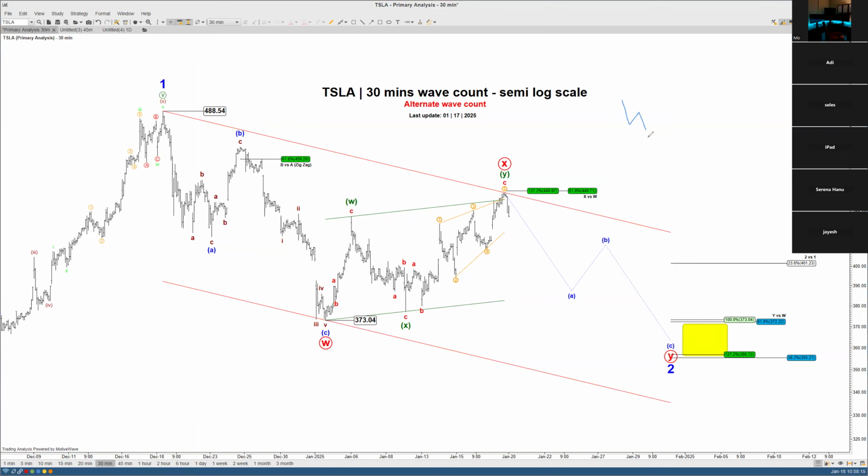When you have a smaller W wave here and you have a connector X, you have a very good chance that you're going to have an extended Y. When you have an extended W here, and you have a connector X, the Y wave is going to be shorter than W in length.